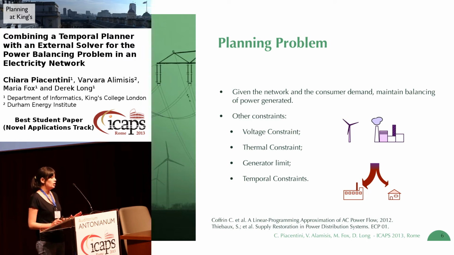For example, we want the voltage to lie within a given bound, or we have a threshold on the power flowing through lines. And what makes this an interesting problem is also the presence of temporal constraints. So the problem that we are trying to solve is different from the PSR domain that was proposed a few years ago, in which they were looking at the connectivity of the network.